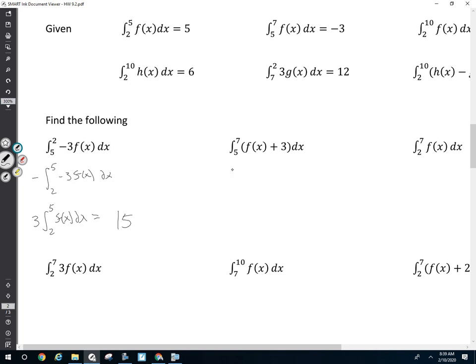Okay, here, remember 2 ways. It's either integral from 5 to 7 of f plus integral from 5 to 7 of g of 3.